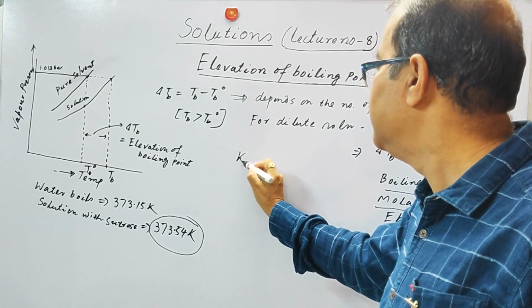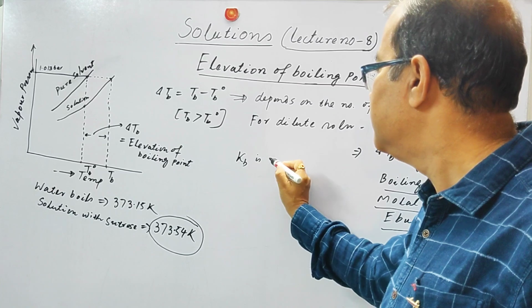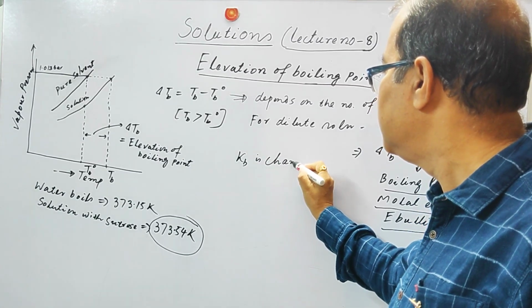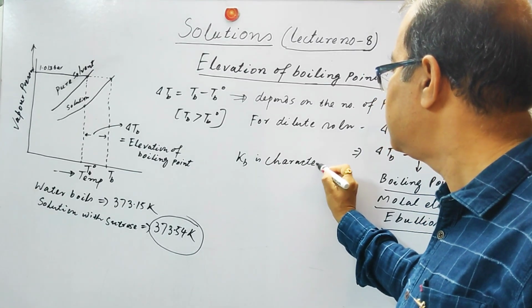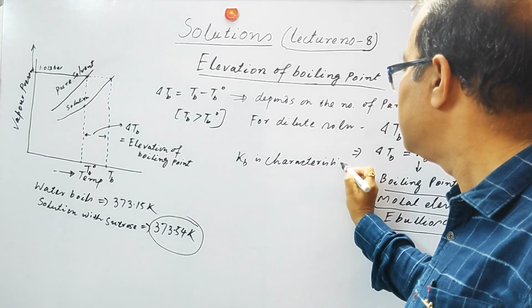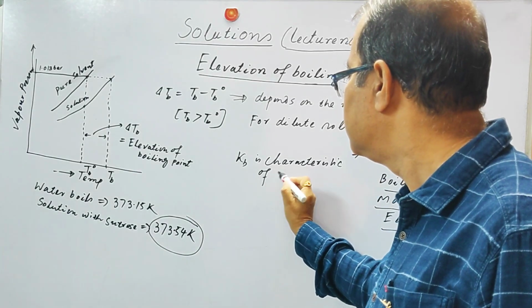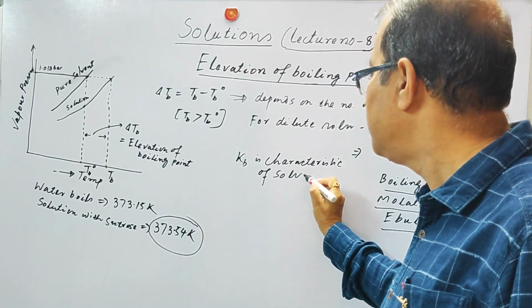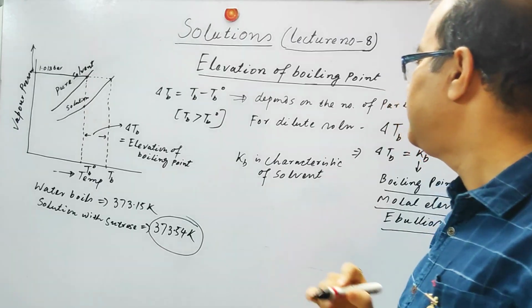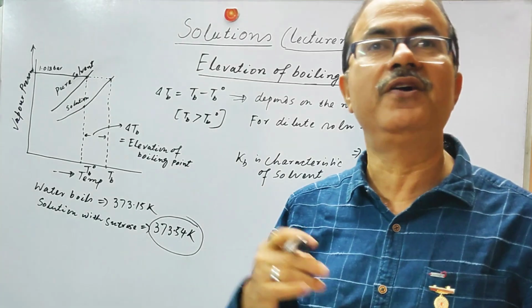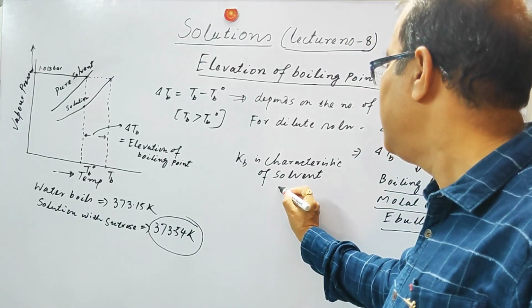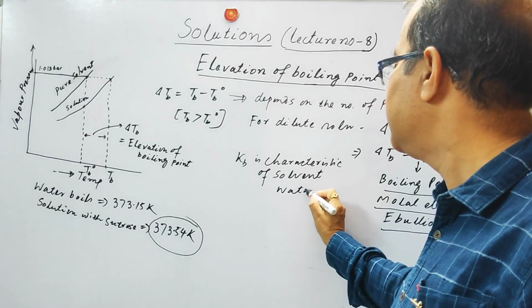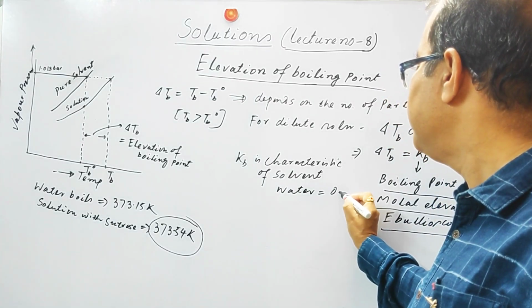We can again write Kb is characteristic of solvent. It depends on the solvent. Different solvents will have different Kb. For example, water has Kb of 0.52.